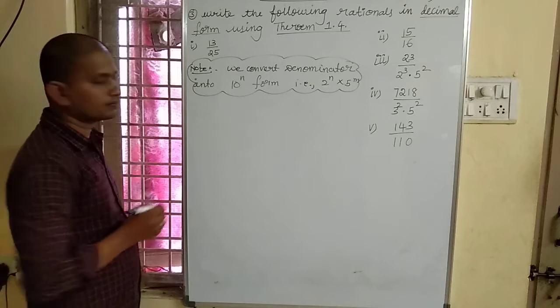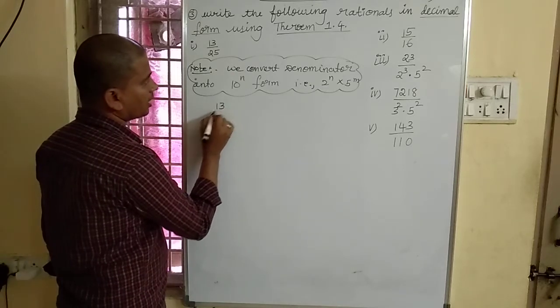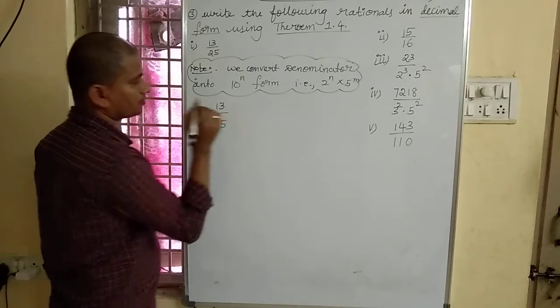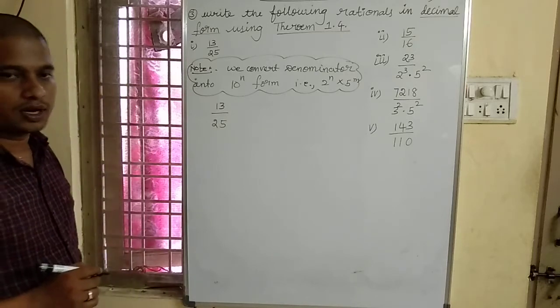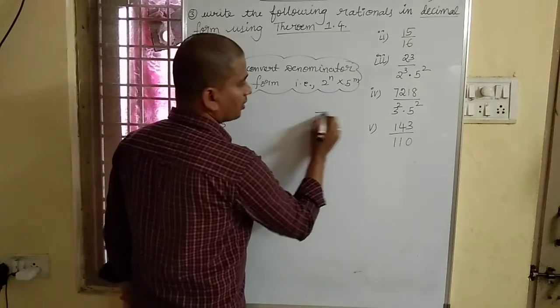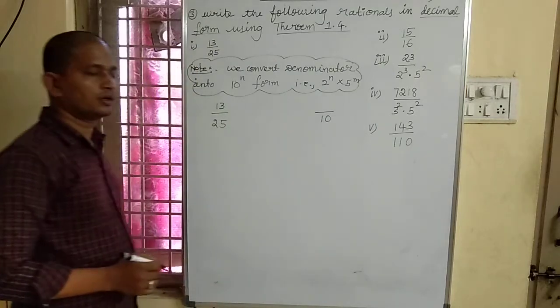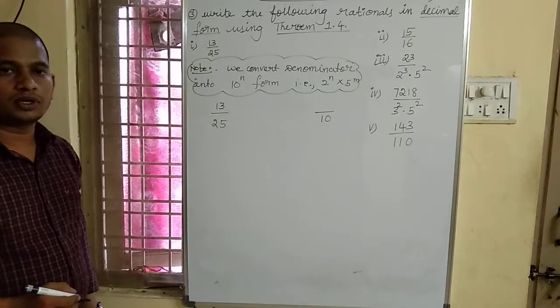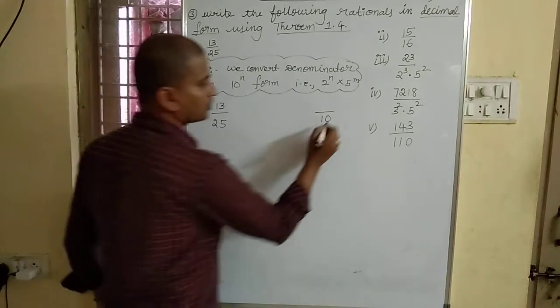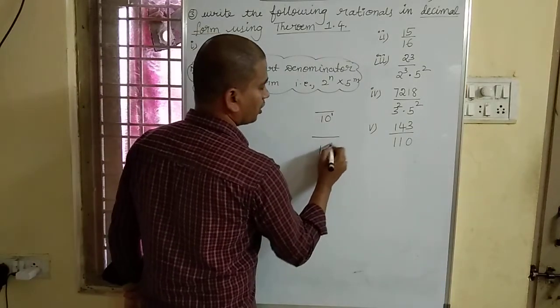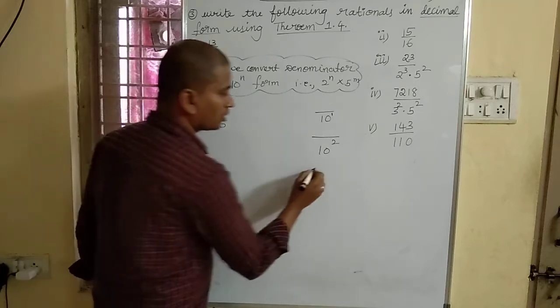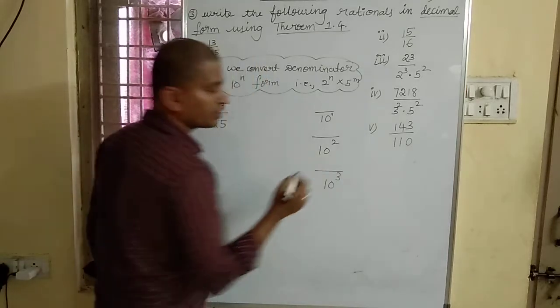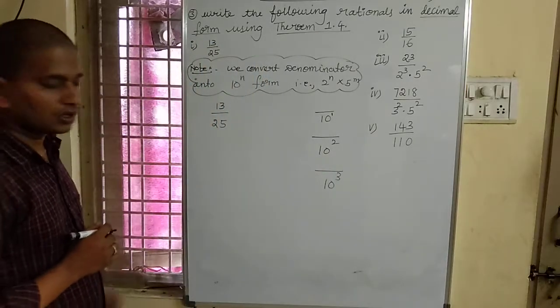Listen carefully. The question is 13 by 25. You can convert the denominator into the form of 10 power 1, or 10 power 2, or 10 power 3 and so on.